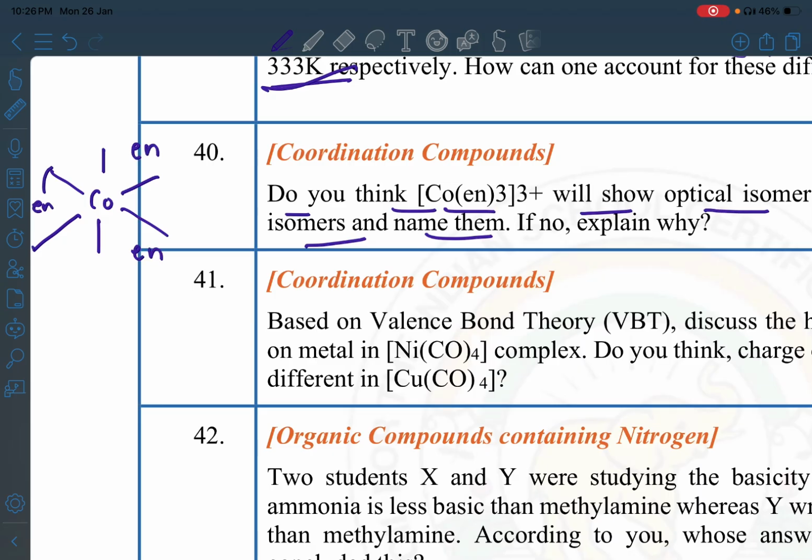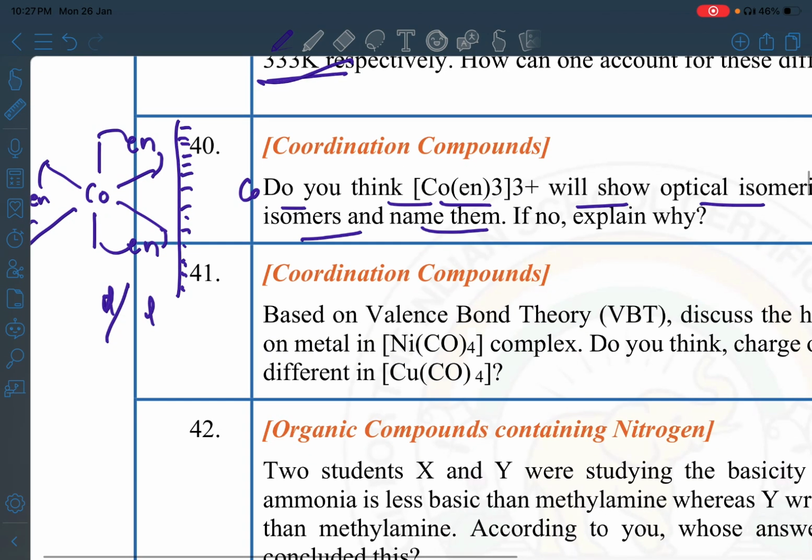This does form optical isomers, and their mirror images like this. They form two forms of optical isomer: one is the D form and the other is the L form, dextrorotatory and levorotatory.